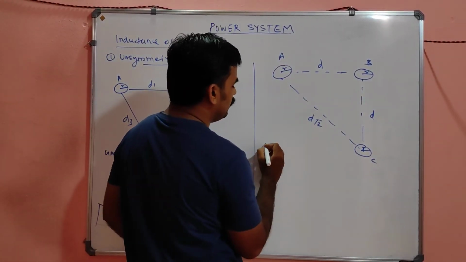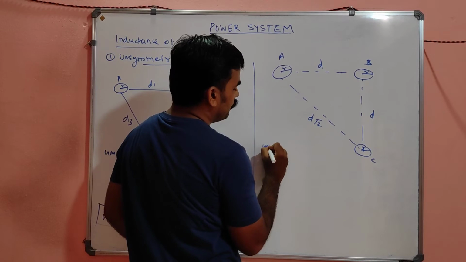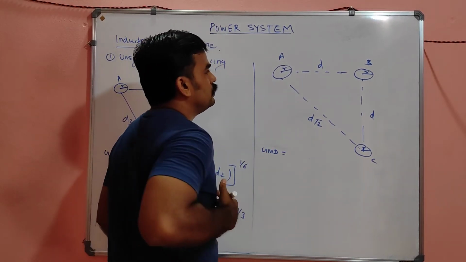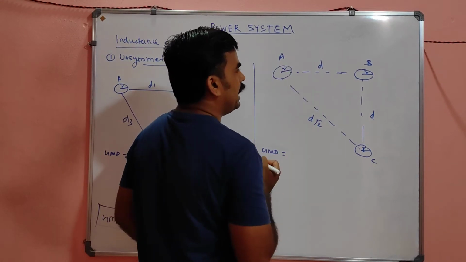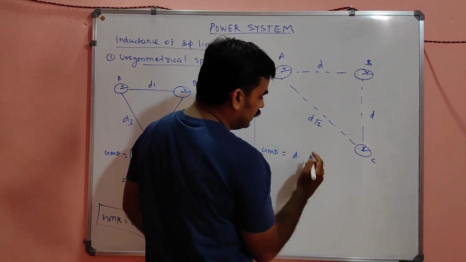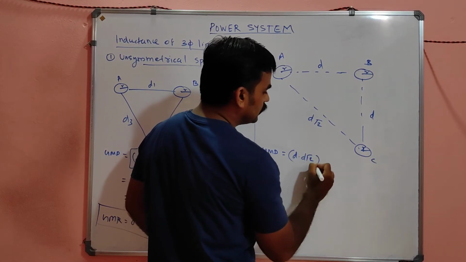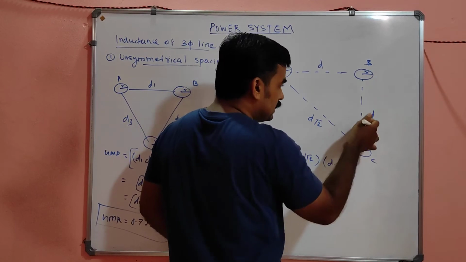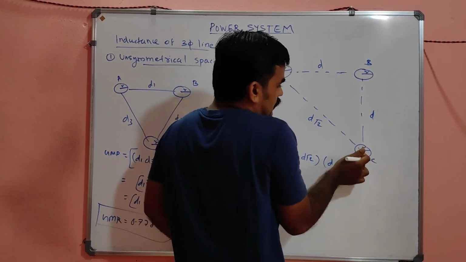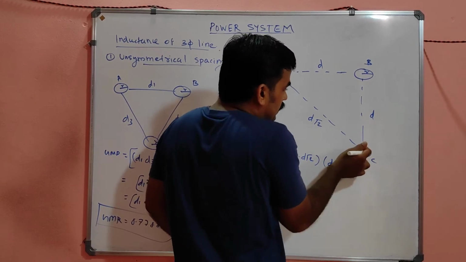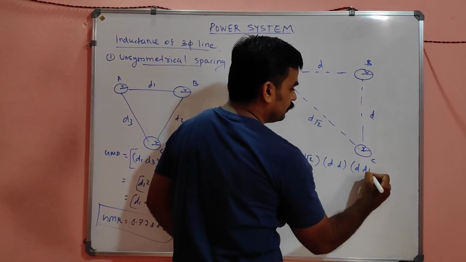So what will be GMD now? GMD will be, focus on first conductor A, distance with other D, distance with other D root 2. Second conductor, distance with other D, distance with other D. Next, focus on third conductor, distance with other D, distance with other D root 2.